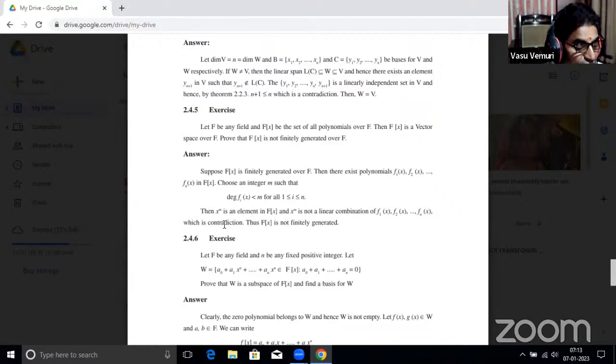Therefore x power m is an element in F of x, and x power m is not a linear combination, because a polynomial function is represented as a1 x plus a2 x square plus a3 x cube plus and so on, am x power m. So x power m is not an element in the span, so it is a contradiction, because the degree of fi of x is less than m. That is given: the set of all polynomials is not finitely generated.